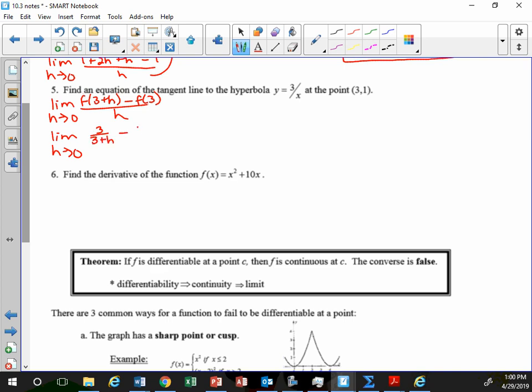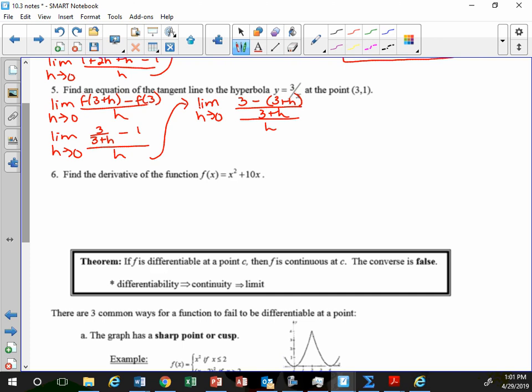F of 3 is 1 all over h. Good with me there. Limit as h approaches 0. So the 1 is going to become 3 plus h over 3 plus h. So I'm going to have 3 minus, in parentheses, 3 plus h, all over 3 plus h, all over h.